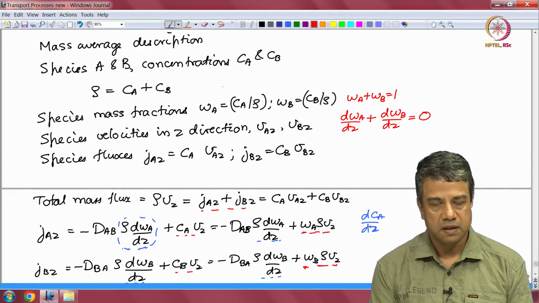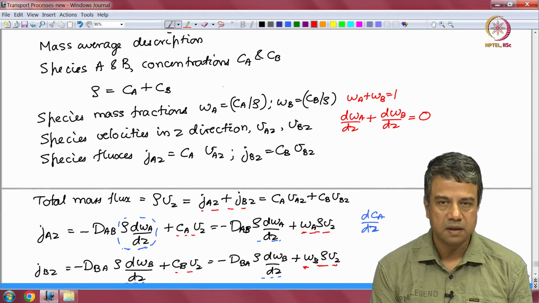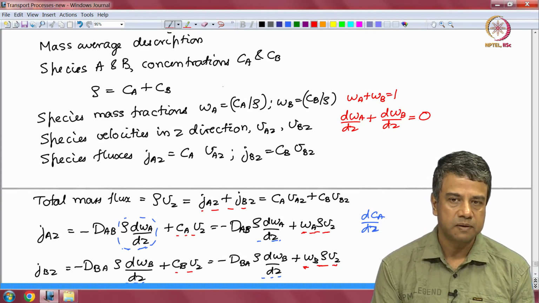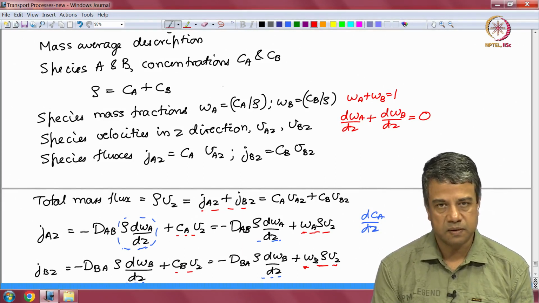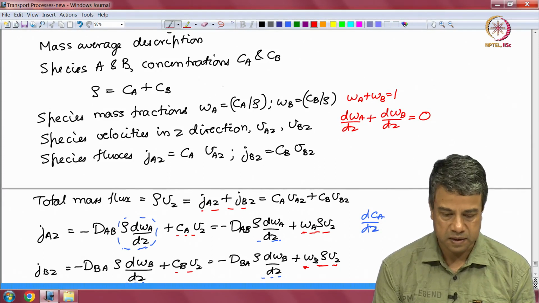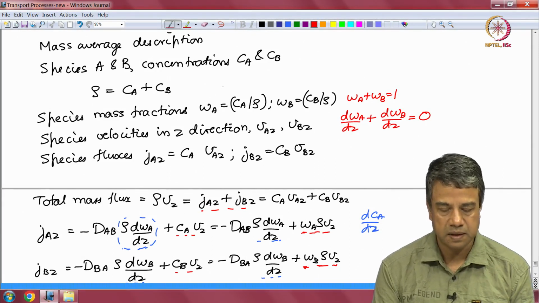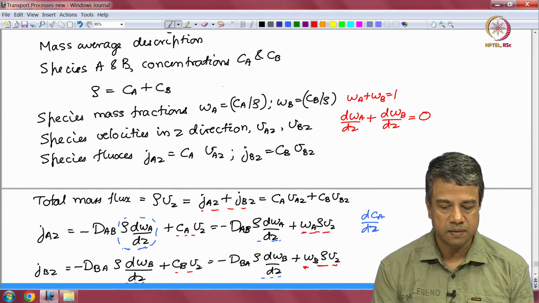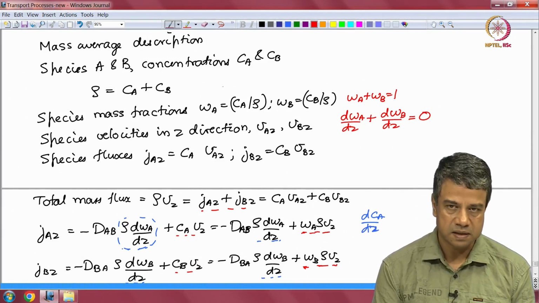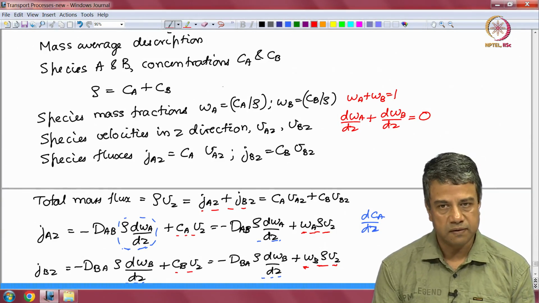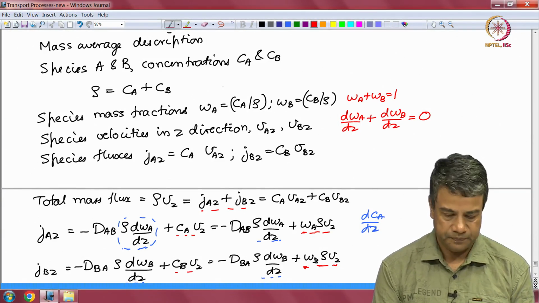Concentration Ca and Cb, density, mass per unit volume, is mass per unit volume of A plus mass per unit volume of B. So, that is equal to rho, Ca plus Cb. Mass fractions are Ca by rho and Cb by rho. The sum of the two mass fractions is necessarily 1, and the derivative of that is necessarily 0.